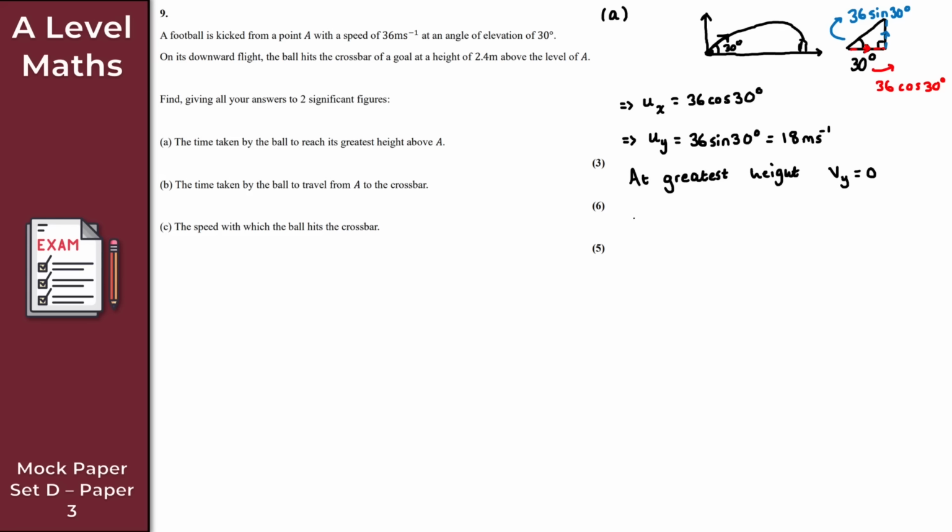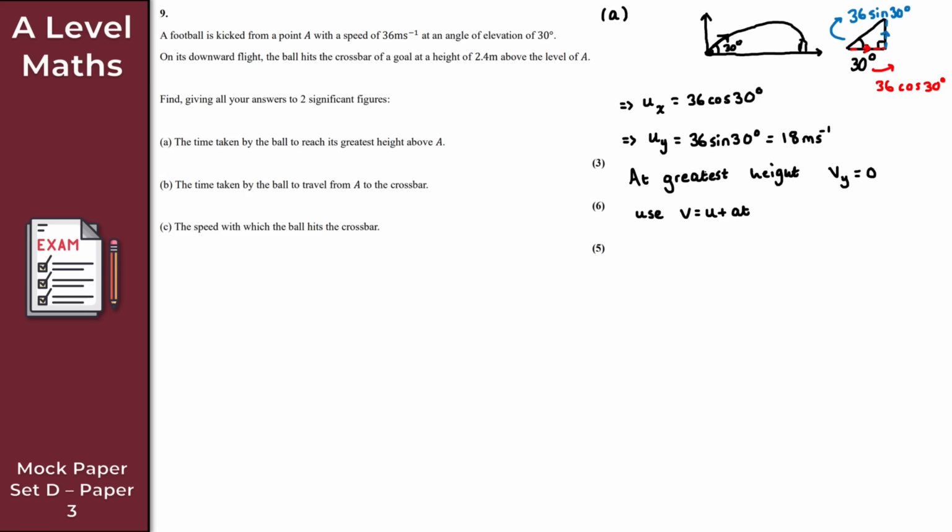Because we can use V is equal to U plus AT, right? Because the acceleration A here, that's going to be G or minus G, depending on what you take as positive or negative. U is our initial velocity, and V is just 0, right? So we want to find T, and we can just simply find that by using this.